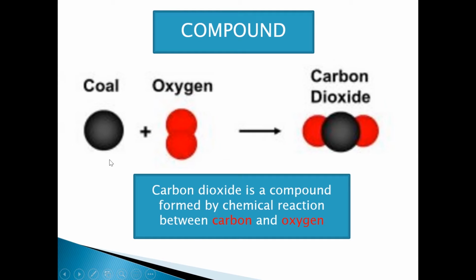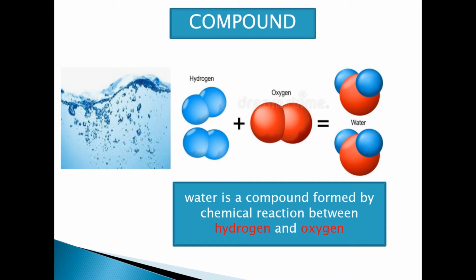One carbon atom combines with two oxygen atoms to form a carbon dioxide molecule. Water is a compound formed by chemical reaction between hydrogen and oxygen. Notice that there are more than one type of atoms in the molecule of a compound.